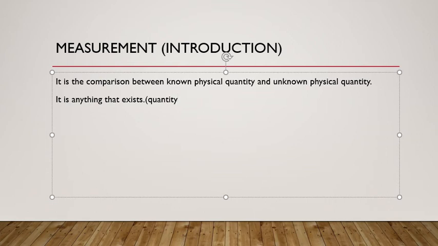And sometimes feelings, happiness, sadness, loneliness, they all exist within our surroundings. It means they are all considered to be quantity. Quantities are those things which have existence. Simply, they exist.